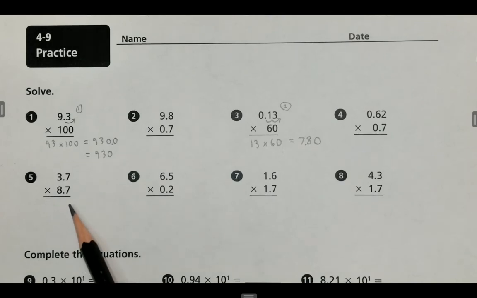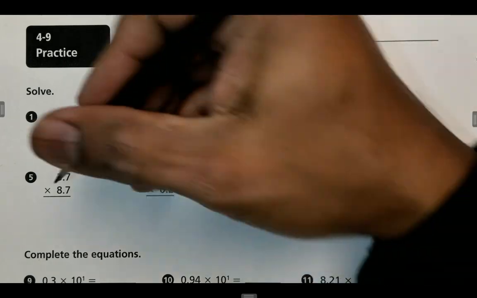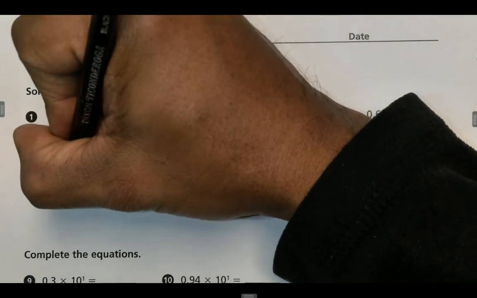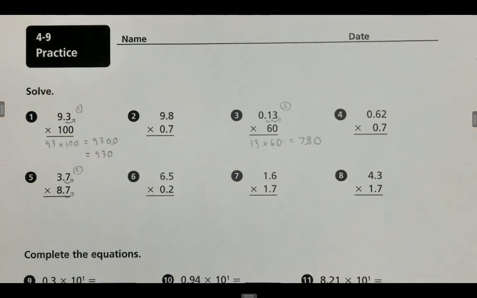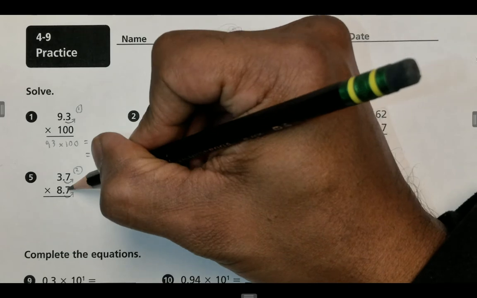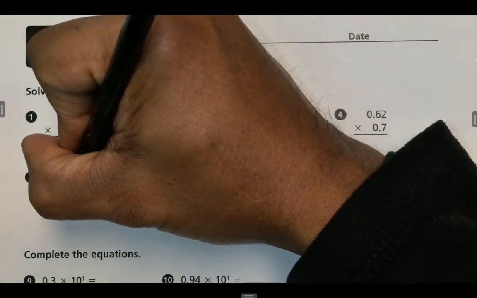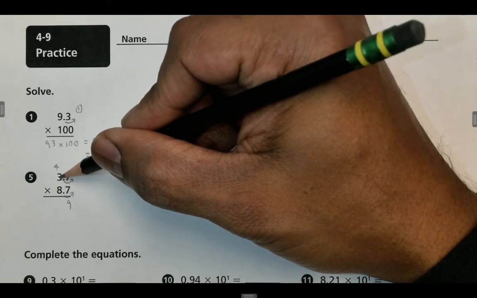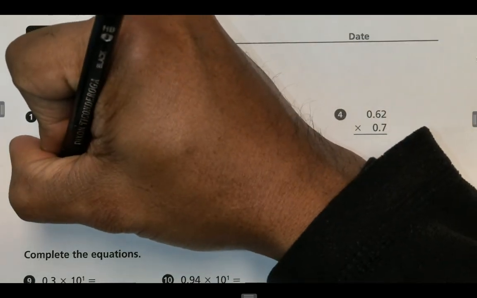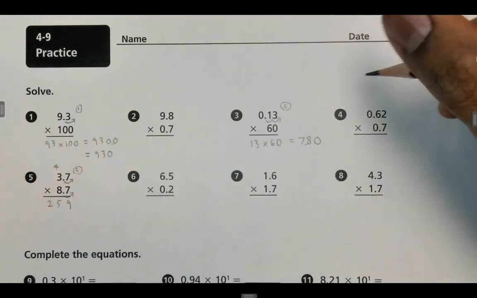Number 5, 3 7/10 multiplied by 8 7/10. Clear out our decimal points. Whoop, whoop. 2 pushes will do it. 37 multiplied by 87. Let's solve. First row, 7 times 7 is 49. 9 comes down, 4 gets carried. 7 times 3 is 21, plus the 4 is 25.